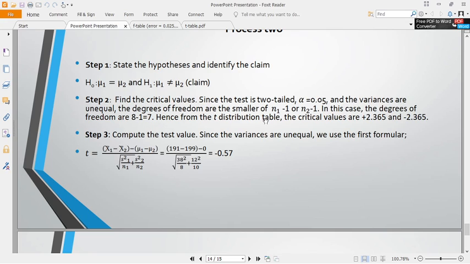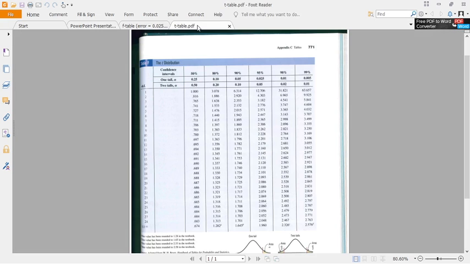From the T distribution table, we can get our critical value. We look at alpha equal to 0.05 and 7 degrees of freedom, so we go to our T table.